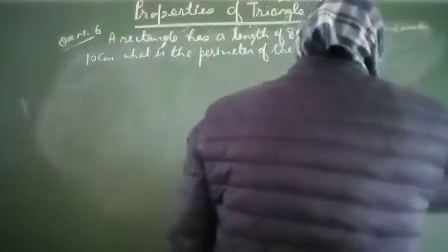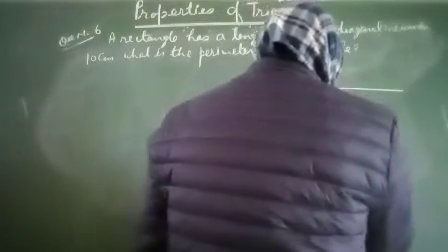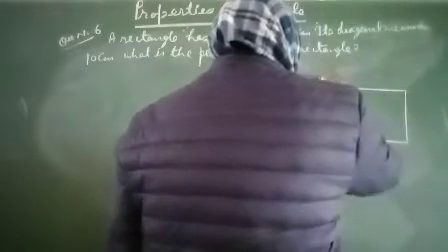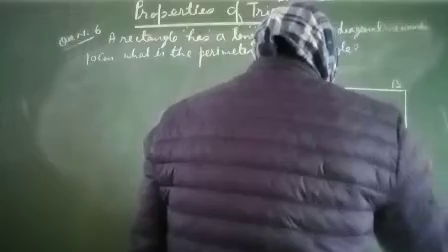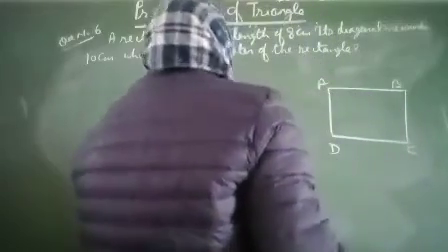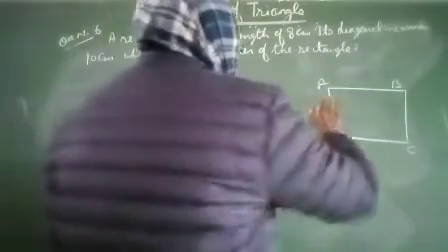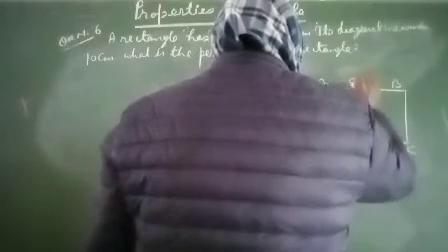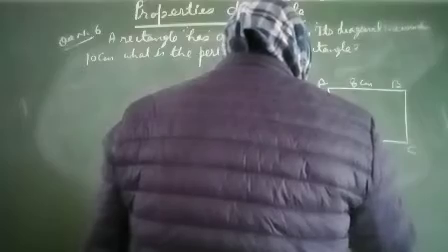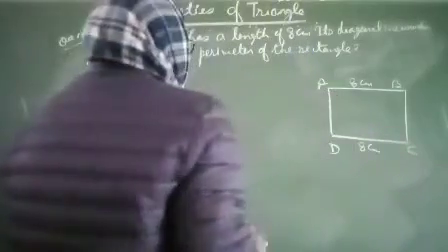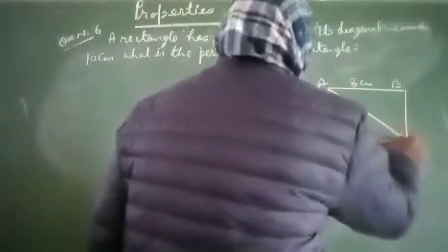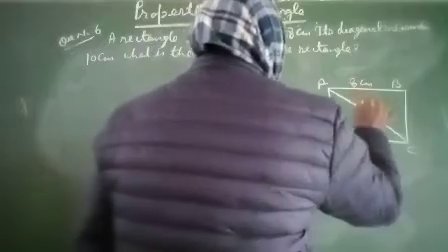First of all, I will draw a rectangle ABCD. Here length AB equal 8 cm, and diagonal of rectangle AC is 10 cm.